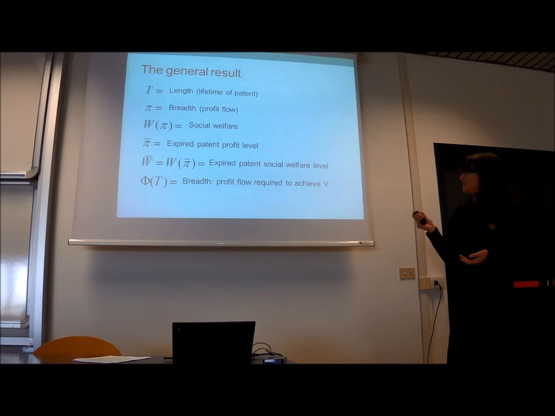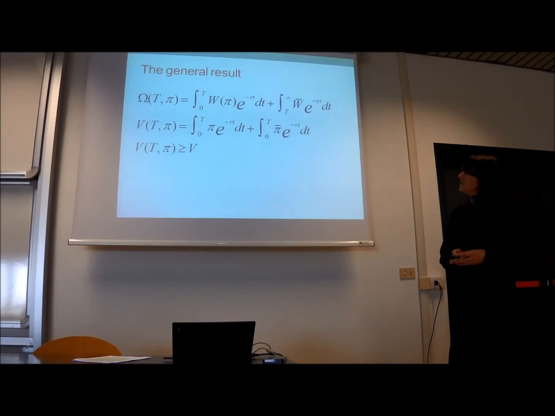And then we can also express the breadth, the profit flow, as a function of the lifetime of the patent. So this is an expression for the social welfare as a continuum over time.